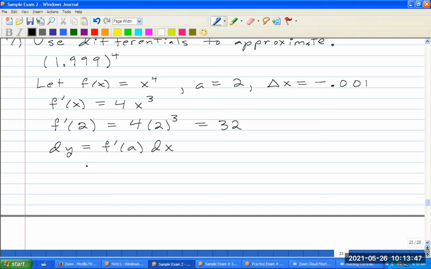And so this is equal to 32 times negative 0.001. And so I have that this is equal to negative 0.032.